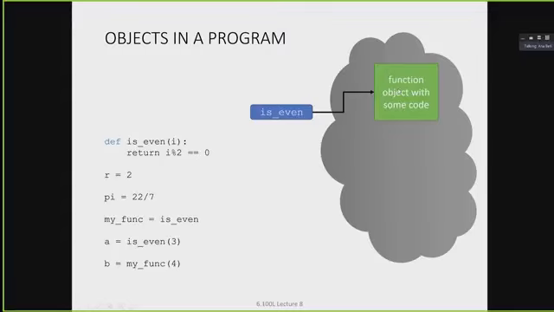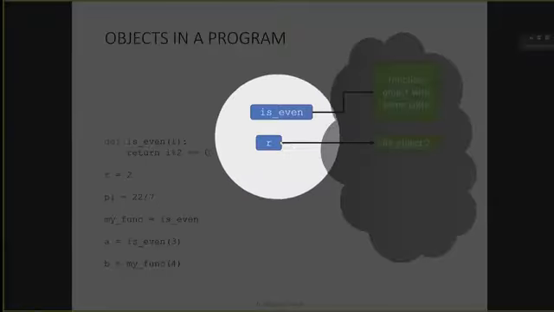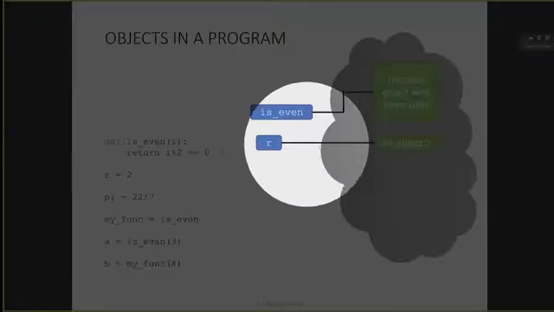So you think of the function as just an object. Similarly, when we write r is equal to 2, I think of that as the same thing. r is the name, and I've got an integer object whose value is 2. That's exactly what happens when we create a function definition. Similarly, pi is equal to 22/7. pi is the name associated with a float object that has that value.